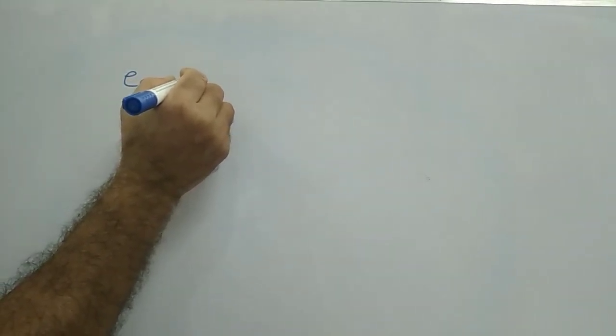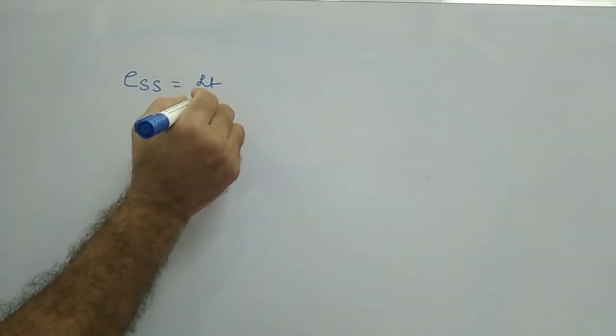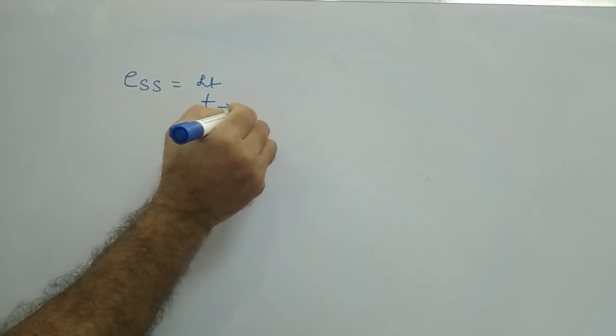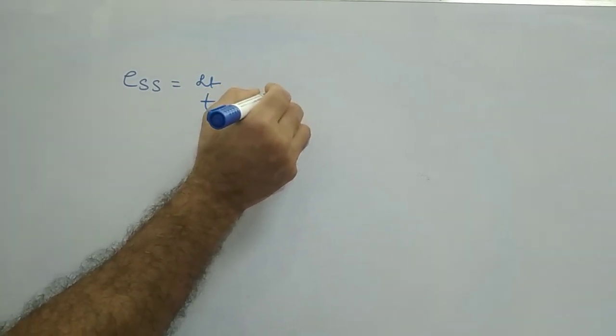For these three types of input signals, what are the different steady state errors, or otherwise you can say the error constants? Remember that we have seen ESS is nothing but limit t tends to infinity E of t. Clear?